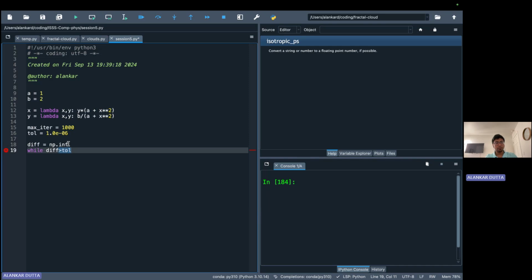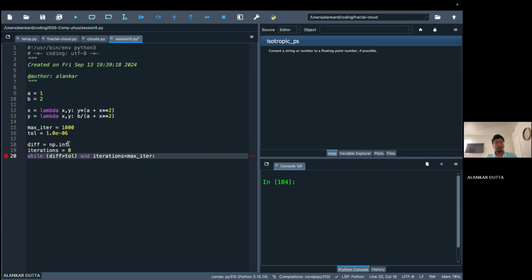So we will keep on looping through and improving, guessing our solution or trying to find a solution when our difference is greater than tolerance and iterations is less than max underscore iter, right? And to start with, our iterations is 0, right? Because we have not iterated. So these are the two conditions which we are using.